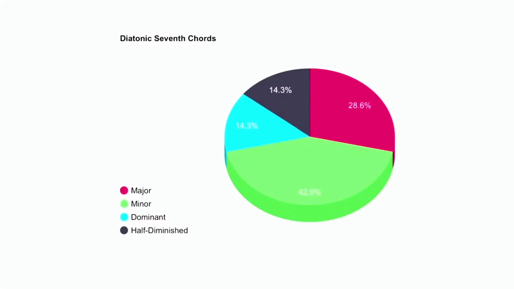Now, there are 84 chords to learn. And I want to tell you for a fact that 42.9% are minor chords and 28.6% are major chords.